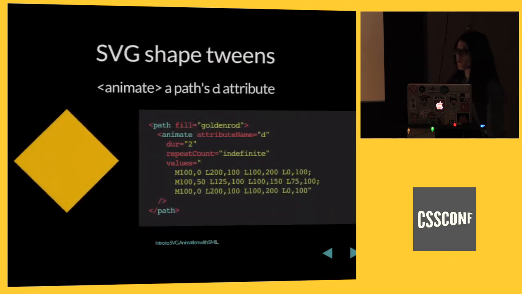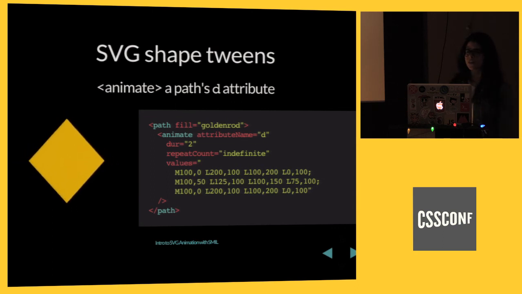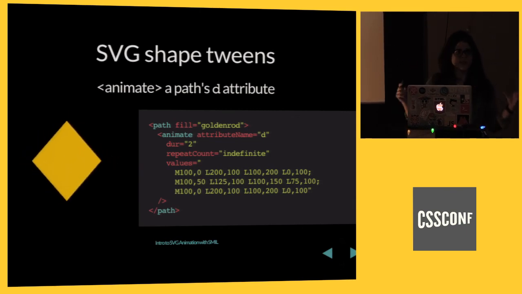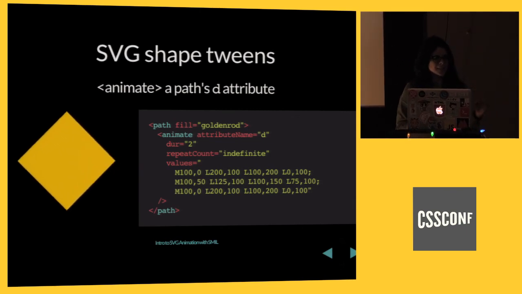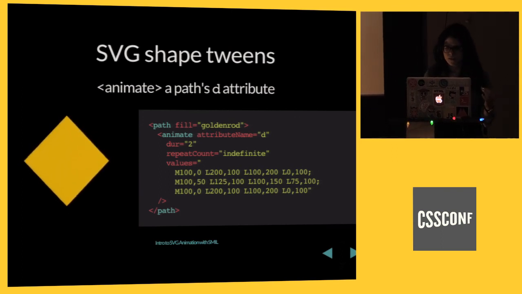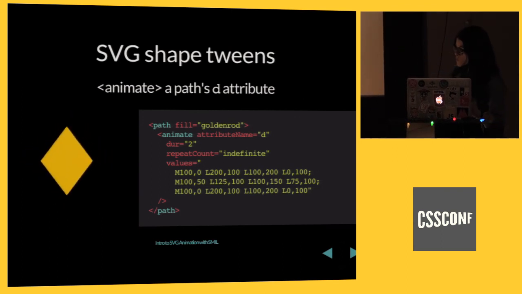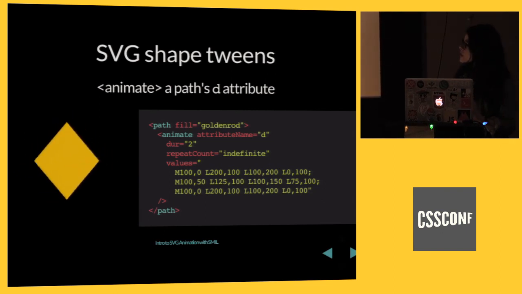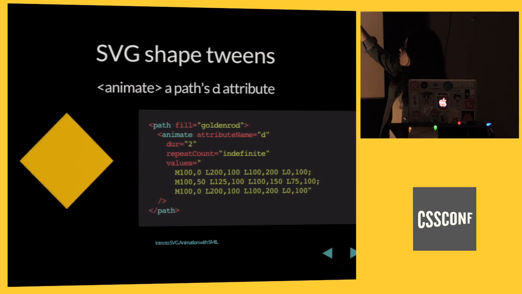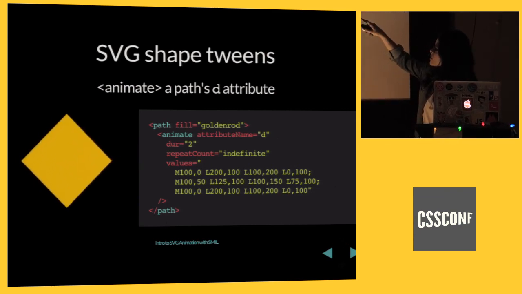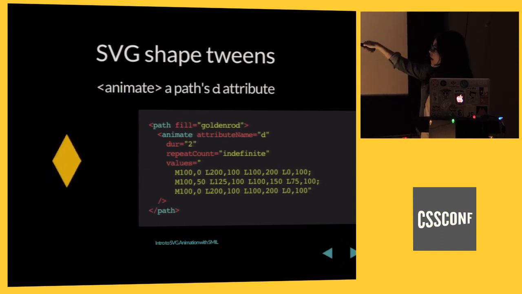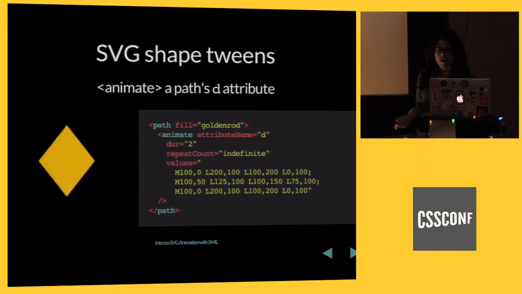the way that the morph works is, remember going back to that heart shape, how every single path was defined by a series of points in coordinate space. And it's the d attribute. I can't even remember what d stands for right now. But the path definition, what you see here is, we're saying I'm going to animate the d attribute, and then the values that I want to animate to and from.